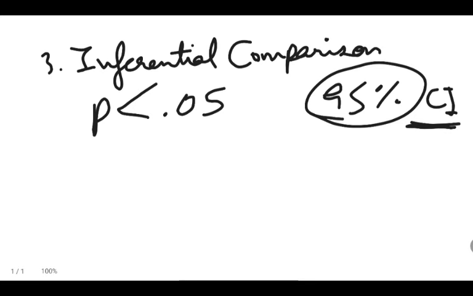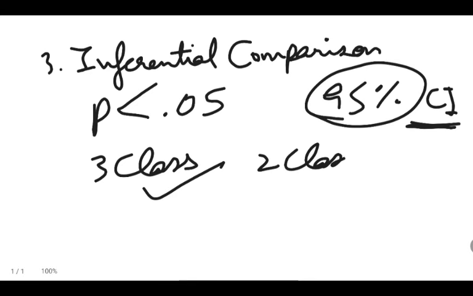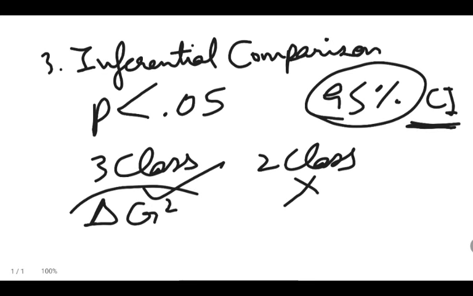So if the p value is significant, then we reject the 2-class model and we say that the 3-class model is better than the 2-class model. Okay, so this is how we do testing through parametric bootstrapping, for which you will automatically get the results in the software, and this test is known as the likelihood ratio difference test, denoted by delta G square.